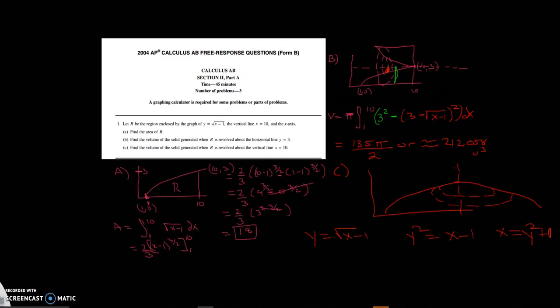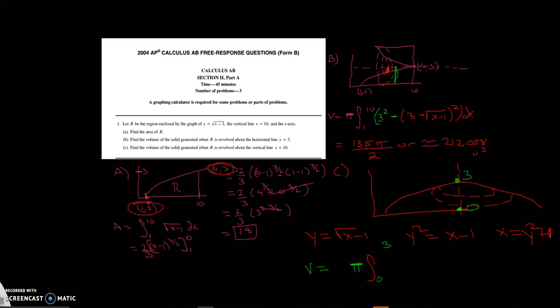Now when you look over here, we already had these points (10, 3) and (1, 0). So when we integrate, we're going to do from here, which is a height of 0, to here, which is a height of 3. So 0 to 3. Let me switch colors, that nice green. You're still going to need the pi. And this is volume, equals outer minus inner.